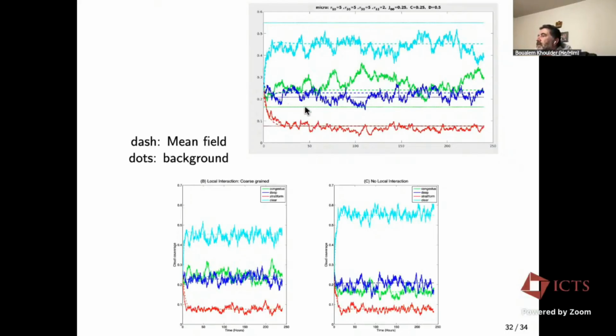And these lines here are what you get with the same parameters if you have not had local interactions. So this is saying that local interactions can actually change the climatology. You can have a completely different solution in the long run if you add or not the local interactions, which means the subgrid scale dynamics are very, very important.